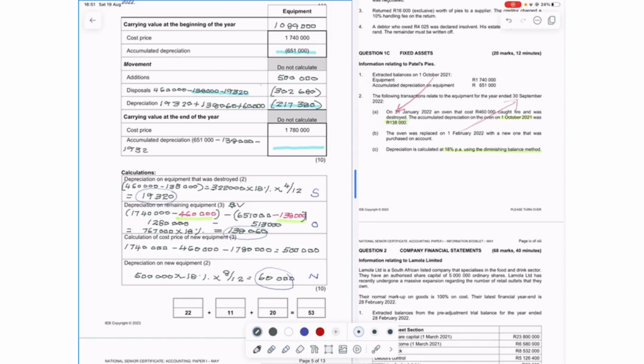And we're going to add the current year's depreciation of 217,380. So your accumulated depreciation at the end of the year, you should get an answer of 711,060. And there's that question done.